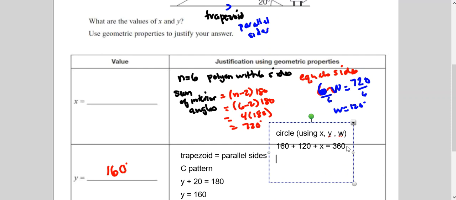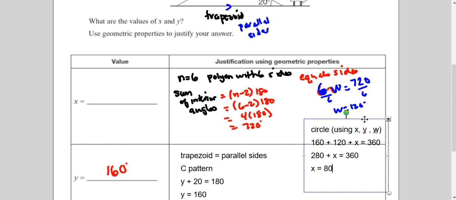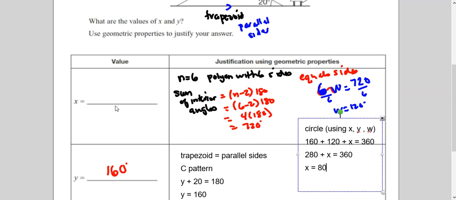So I know that adds up to 280, plus x gets me my 360. If I use inverse operations, 360 minus 280 is 80 degrees.